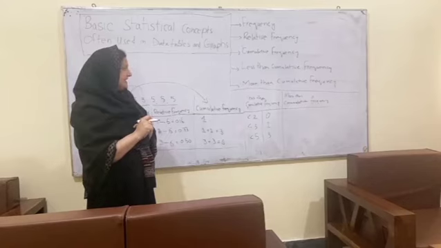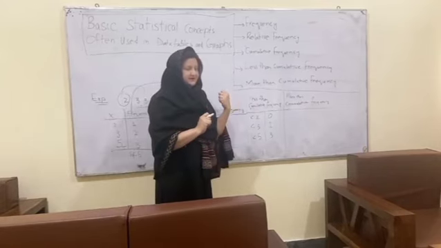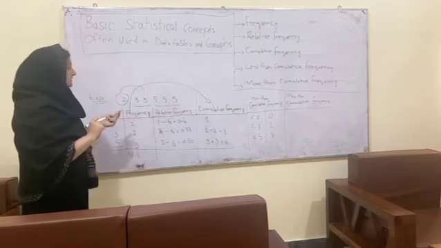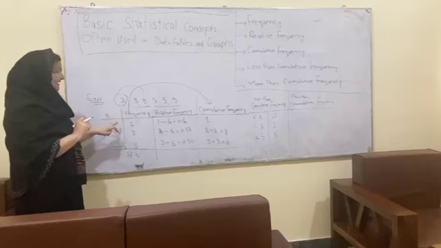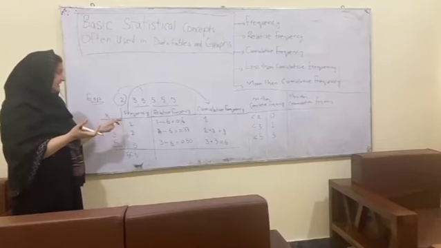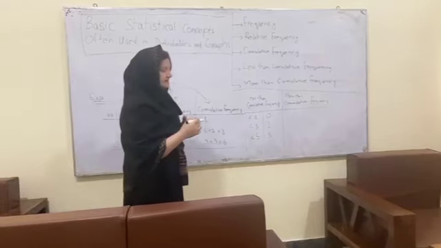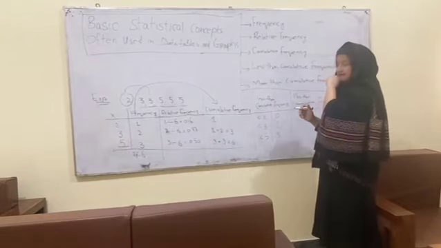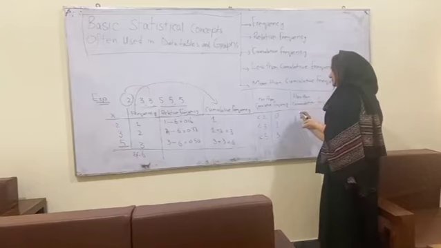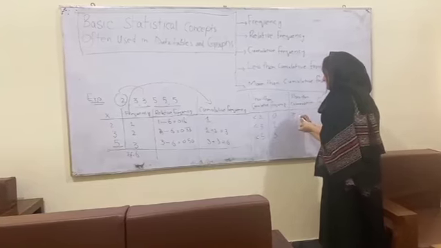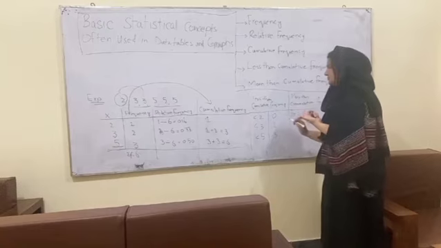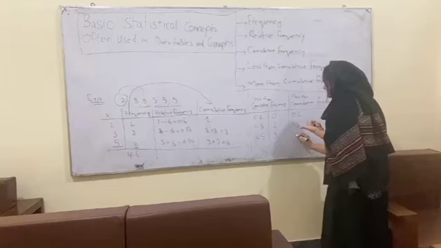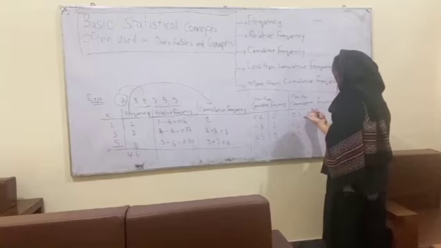Okay. Next is more than cumulative frequency. More than cumulative frequency tells us about values greater than or equal to a particular data point, like greater than or equal to 2, greater than or equal to 3, and greater than or equal to 5.